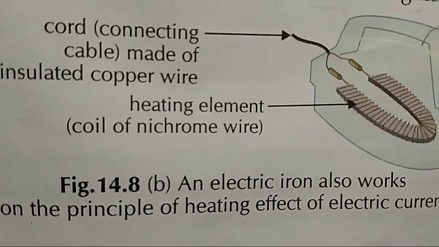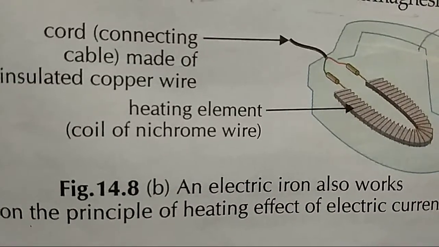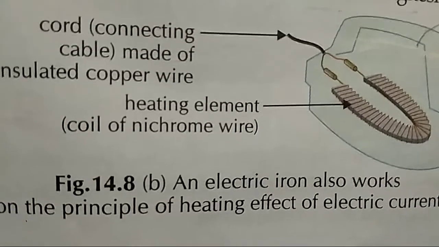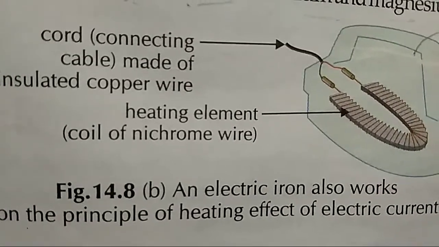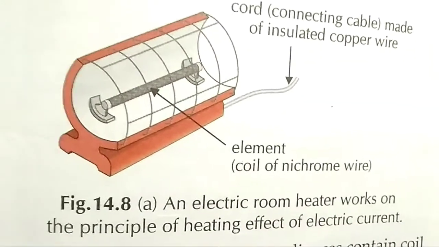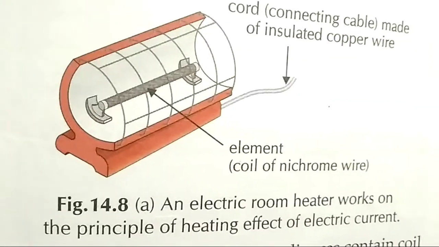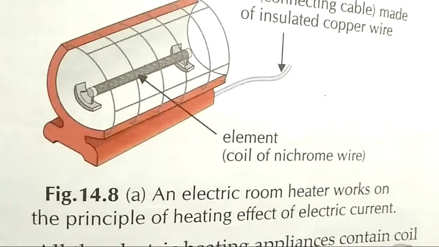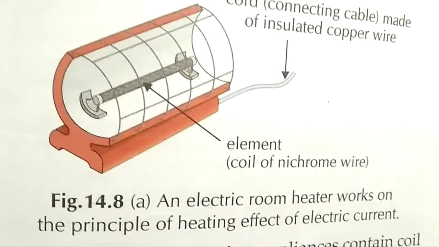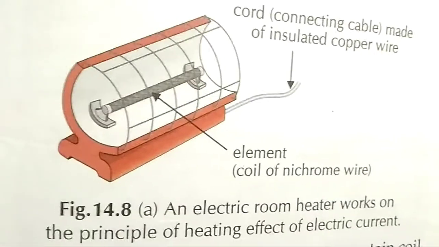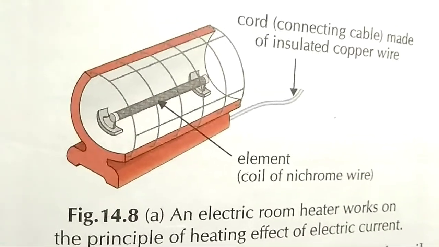So this type of electric appliances are used for many purposes at home. You see here that these appliances work on the heating effect of electric current. In this way they produce heat and give us heat for many purposes.